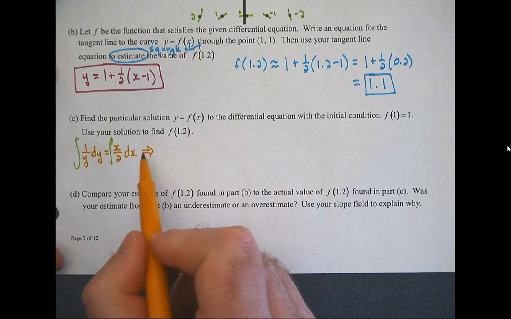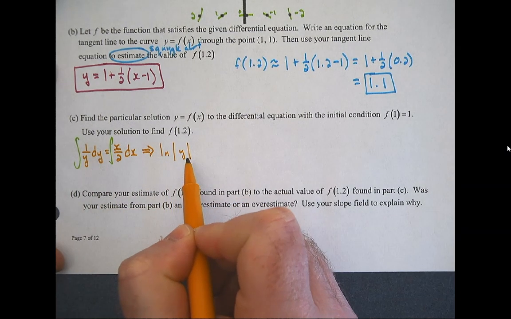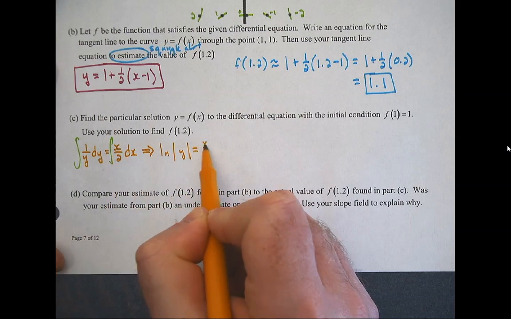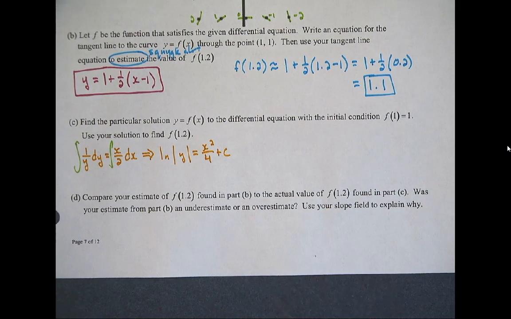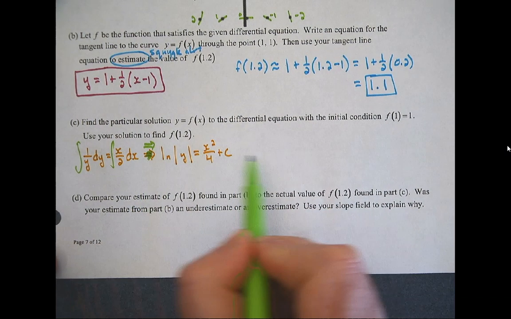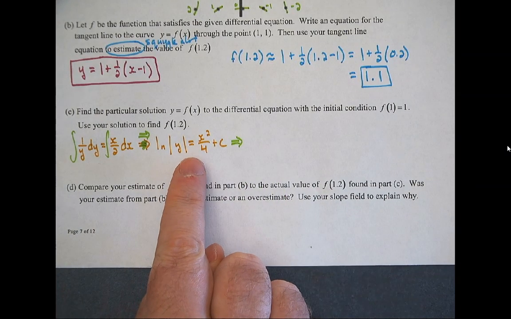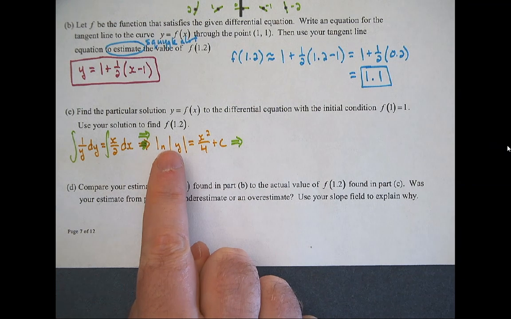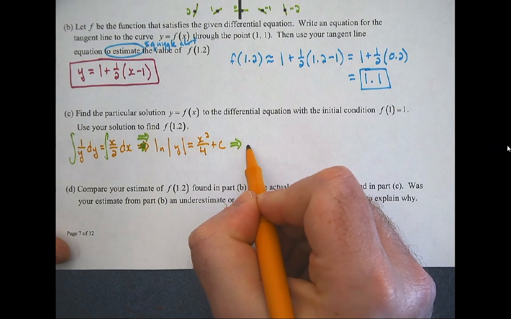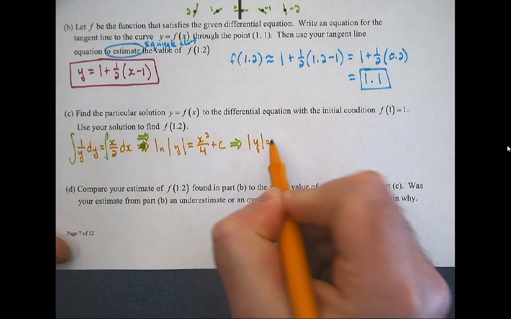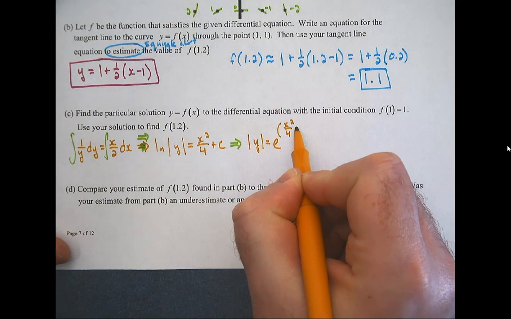Then we get natural log of absolute y equals, add 1, x squared divided by, there's already a 2 down there, so that becomes 4. Okay, I've got to get y by itself. So I'm going to get rid of the natural log with an e to the. I'm not going to show my work. E to the would leave me with absolute y equals e to the x squared over 4 plus c.